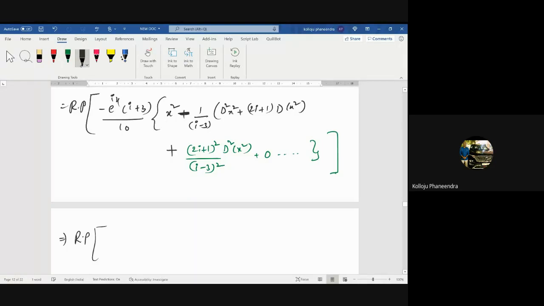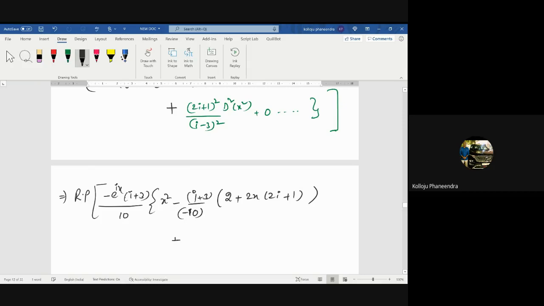Real part of minus e to the power of ix, i plus 3 by 10. This is x square minus 1 by, or i plus 3 by negative 10, rationalizing that. And what is this? D square of x square is 2. And D of x square is 2x. 2x into 2i plus 1. This is over.